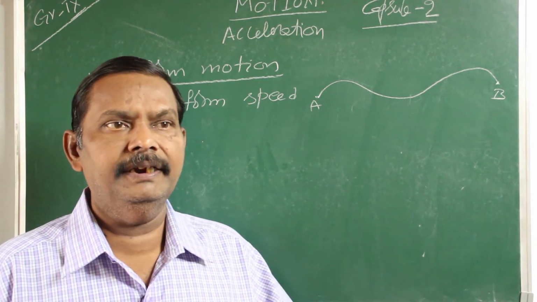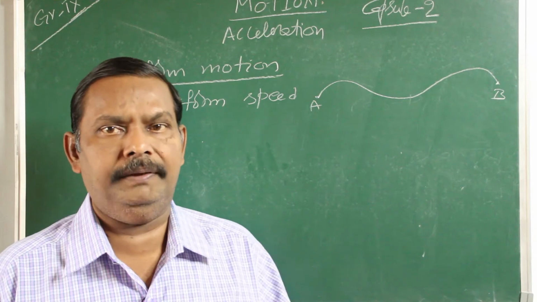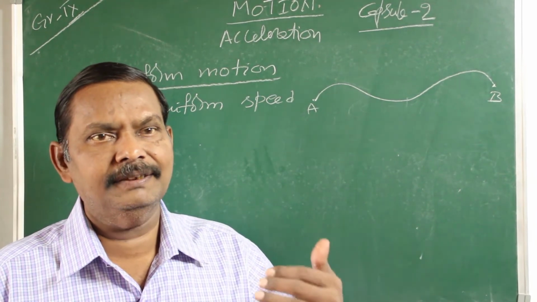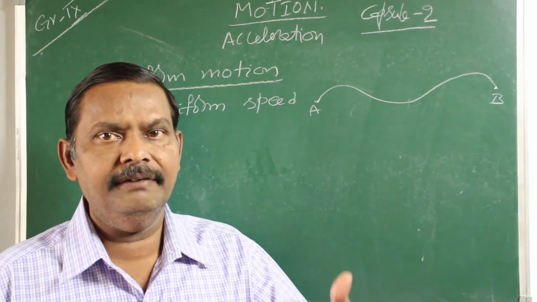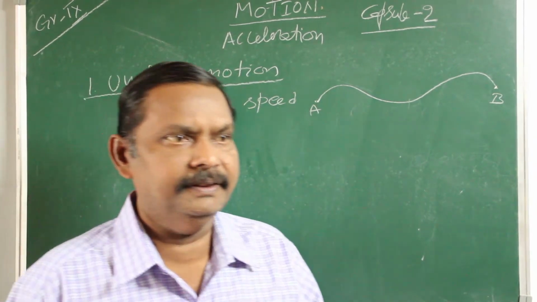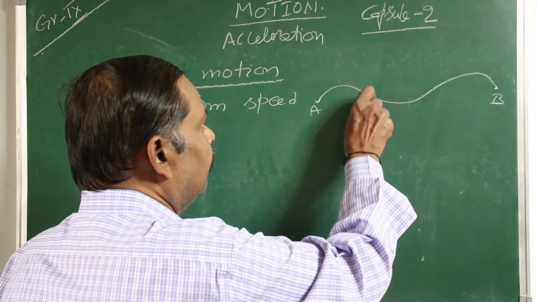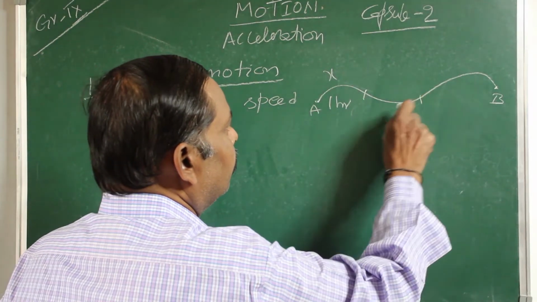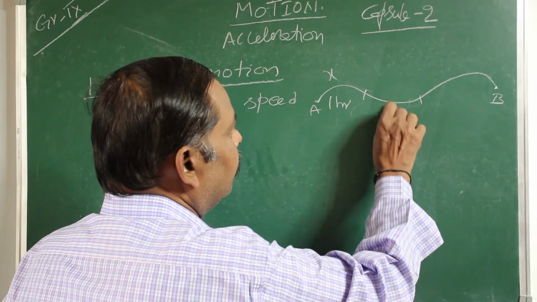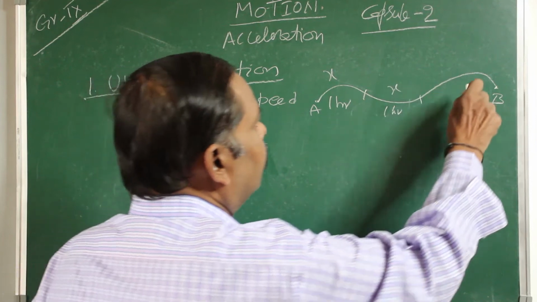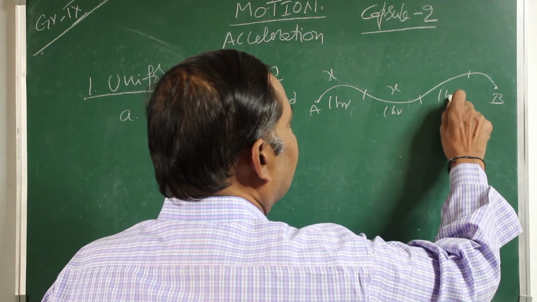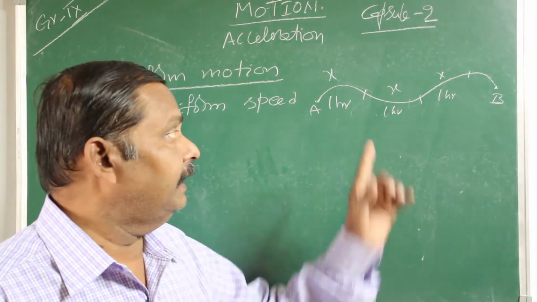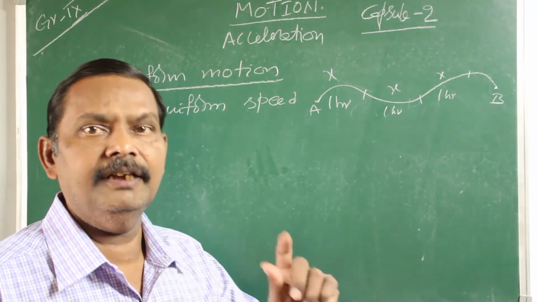That means the body traveled a certain distance from A to B. Now, from the definition of uniform speed, if the body is covering equal distances in equal intervals of time, that means the body is traveling x distance for every 1 hour.